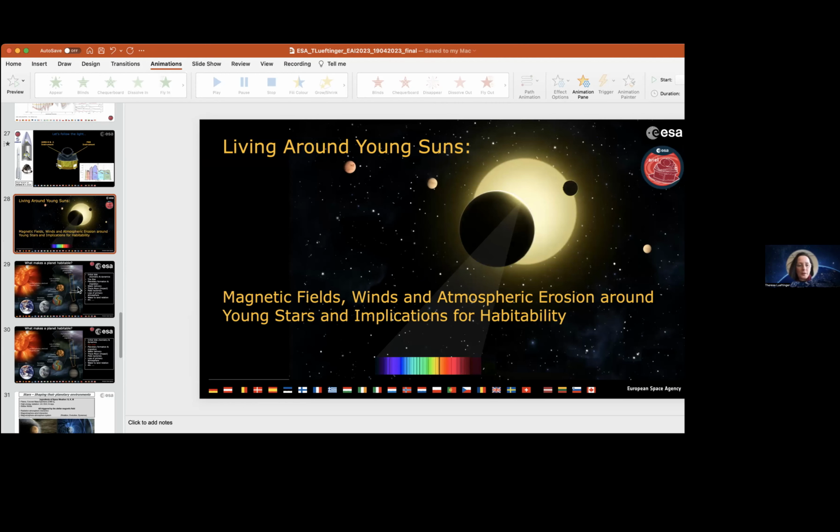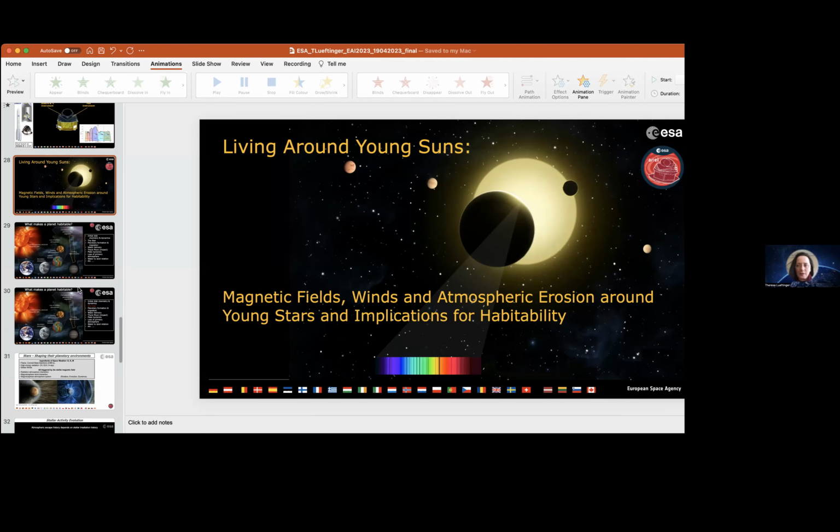So in the last few minutes, let me talk a bit about how important stars are actually for exoplanets, and speculate also a bit, or touch upon the subject of how important it is, how young stellar objects evolve, living around young suns, is that possible or not, and current research that is going on in this respect, which is also very important for exoplanet science and for the Ariel mission.